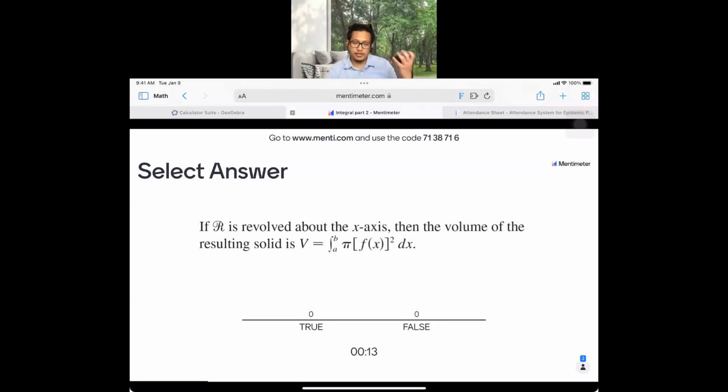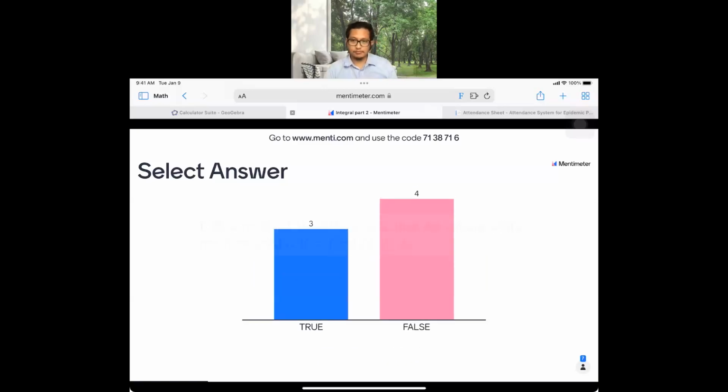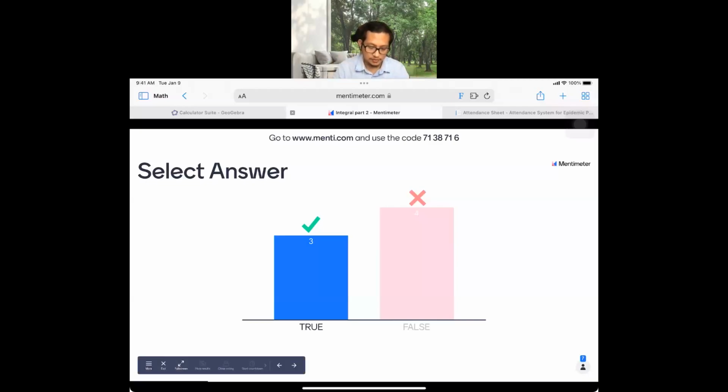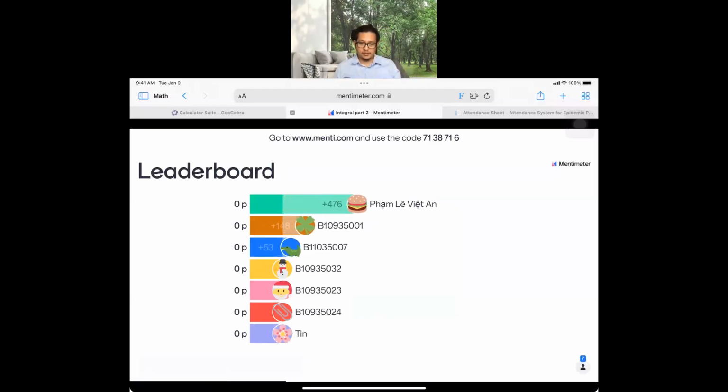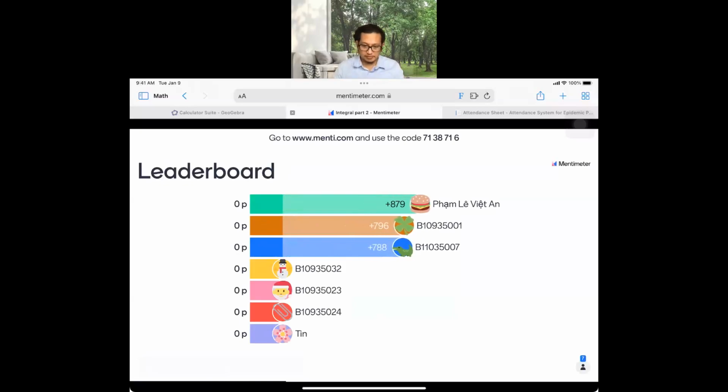You have some region revolved on the x-axis. What is the volume? Yeah, it should be true. You can discuss later on.